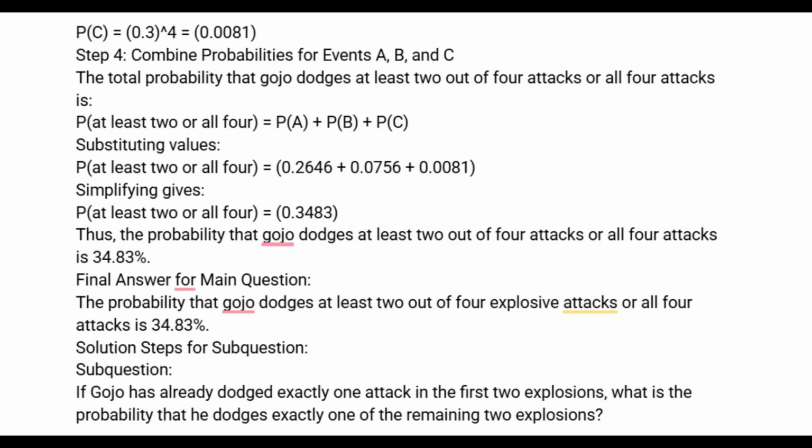The probability that Gojo dodges at least 2 out of 4 explosive attacks or all 4 attacks is 34.83%. If Gojo has already dodged exactly 1 attack in the first 2 explosions, what is the probability that he dodges exactly 1 of the remaining 2 explosions?